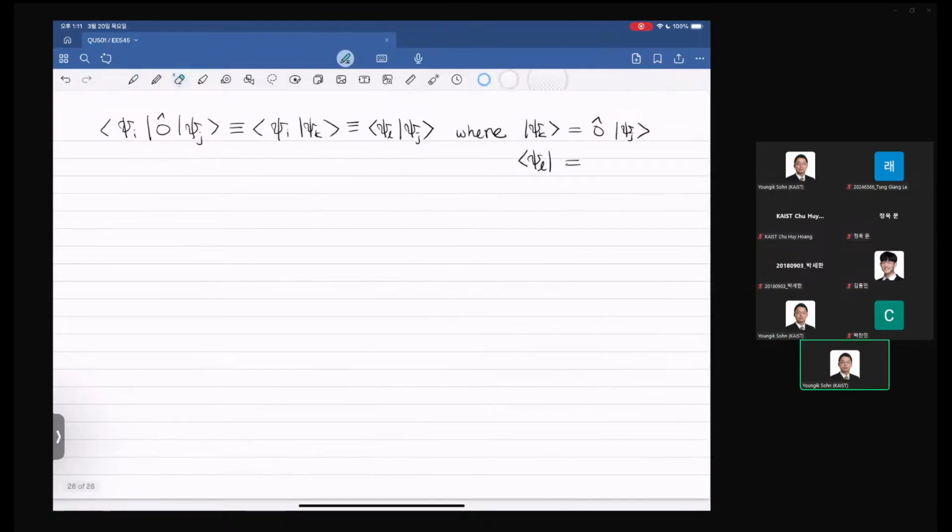is defined as, well, let me write it this way. Psi l is something like this, you can write it this way. If you look at it for the first time, you may not feel what it means, right?